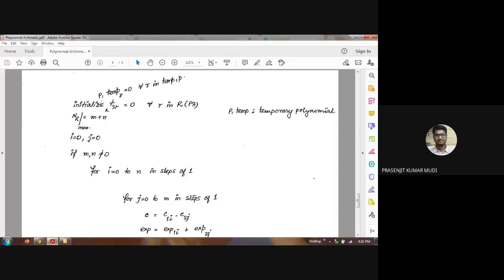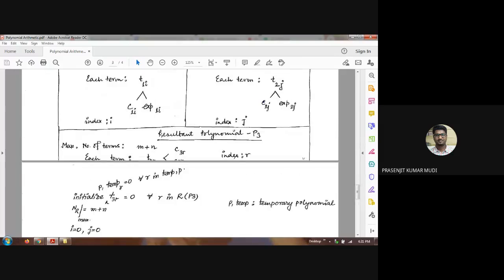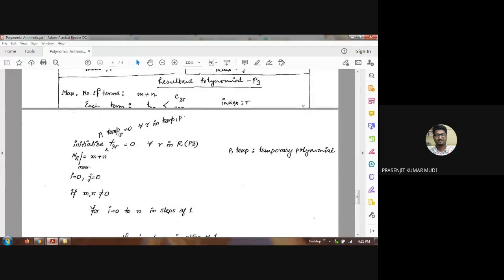So initialize temp R equal to 0 for all R in temp, P. Temp R means the Rth temporary polynomial.